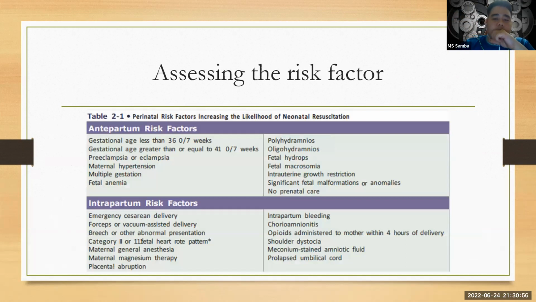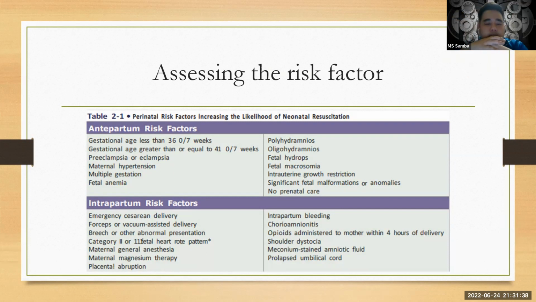Right. So before the child was born, we need to assess the risk factors that every pregnant woman has. So we have antepartum risk factors and intrapartum risk factors that may increase the risk of requiring neonatal resuscitation. As we can see in the table, among the antepartum risk factors include premature or postterm, mother with disease in pregnancy such as preeclampsia, hypertension, and anemia, and then other fetal conditions such as polyhydramnios, oligohydramnios, and so on.